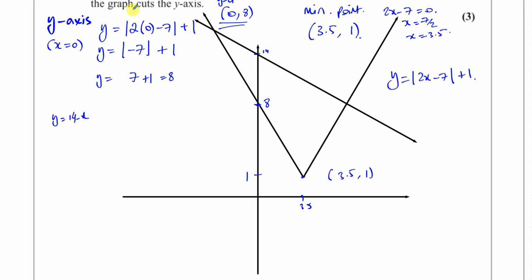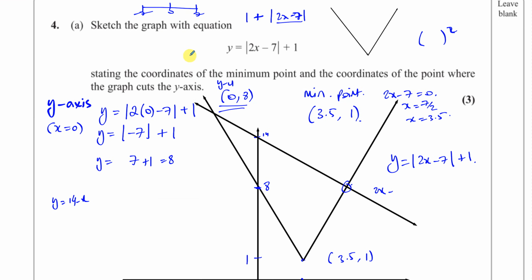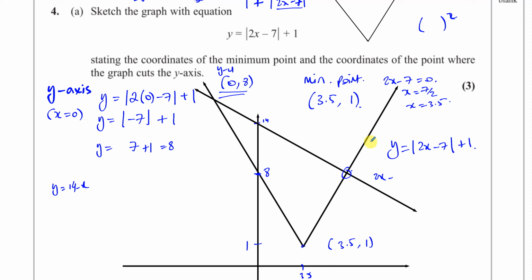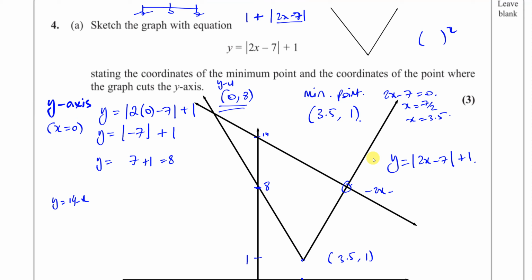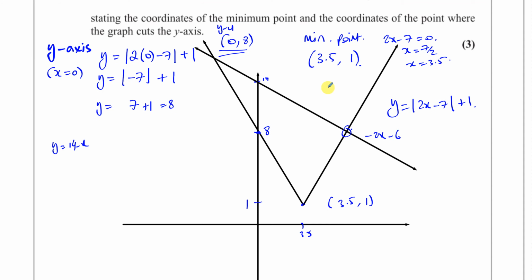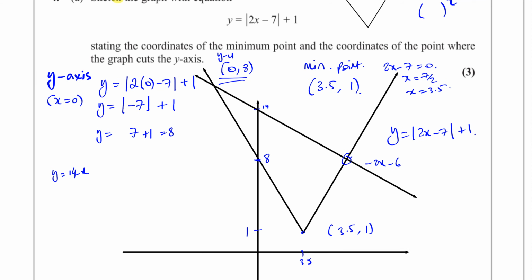This is basically the solution we got from the positive gradient part of this graph, which was 2x minus 7 plus 1, that is 2x minus 6.